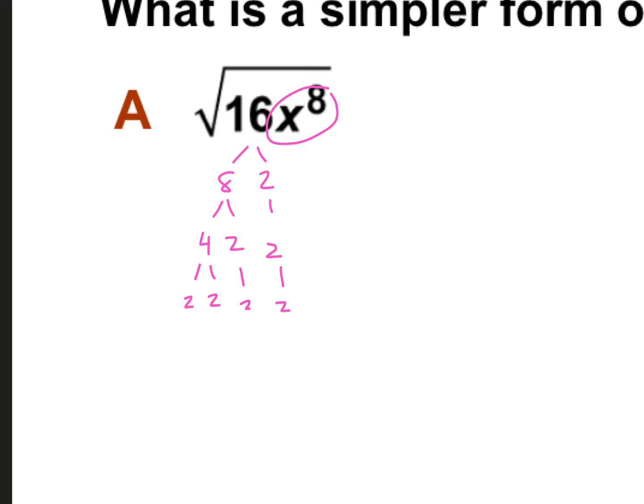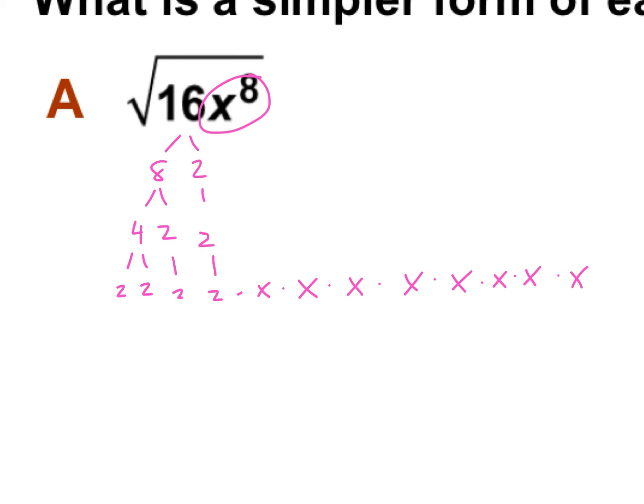Now here we have x to the 8th power, so this is like saying x times x times x times x, 8 times. 1, 2, 3, 4, 5, 6, 7, 8. We're circling groups of how many here? 2. Remember, when it's not written, it's implied that it's a 2.